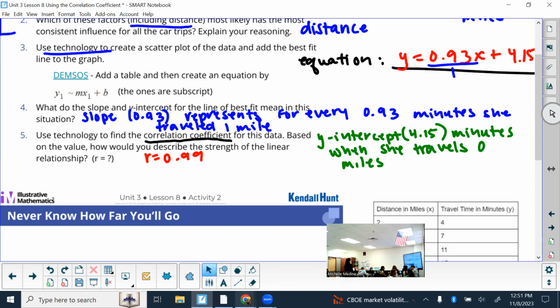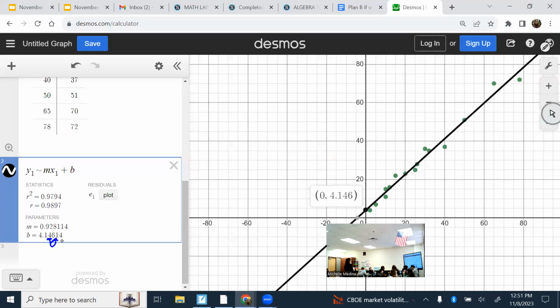So let's go back to our notes. In this little menu of stuff, I told you we would eventually use all of it, except for the R squared. We're not going to use the R squared in this level of math. But look, it says R equals, and if you round it, 0.99 would be correct. So you already knew how to do all the steps leading up to this.